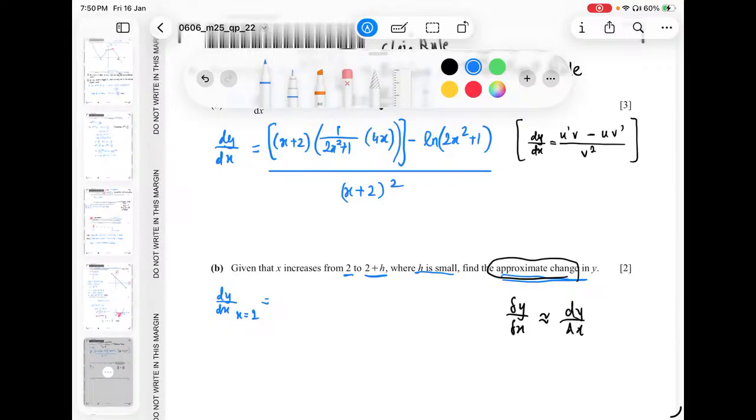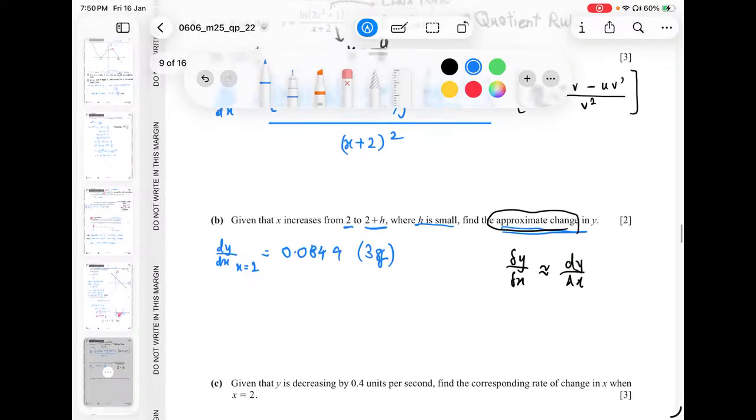So approximately you're getting 0.0849 to 3 significant figures.